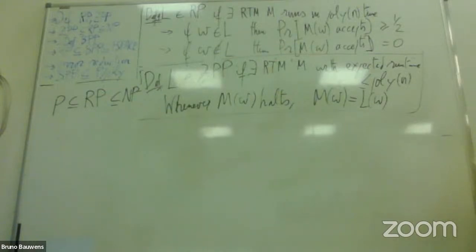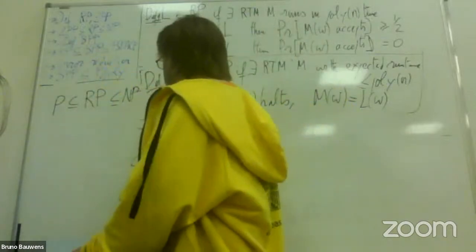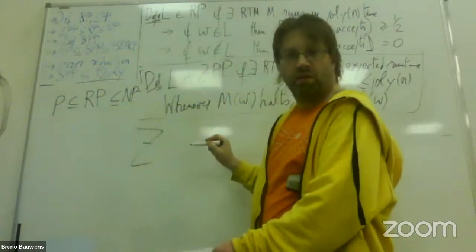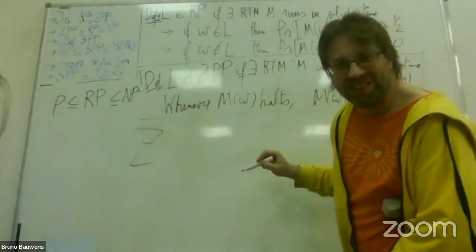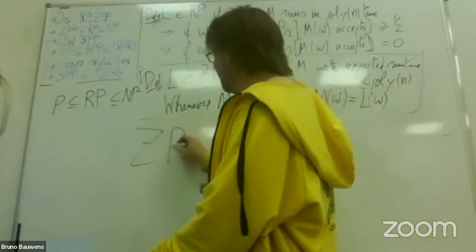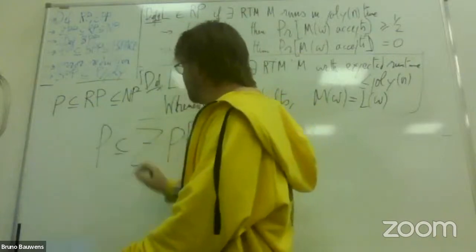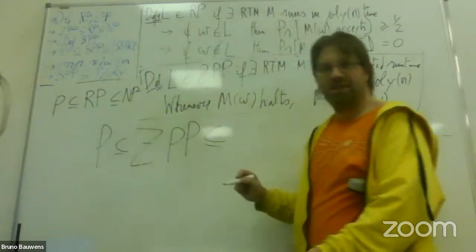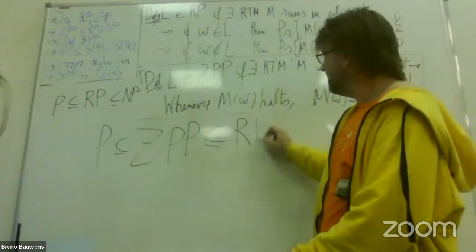Okay, and now let's check the relations that are written here. P is a subset of ZPP, and we have ZPP in RP.